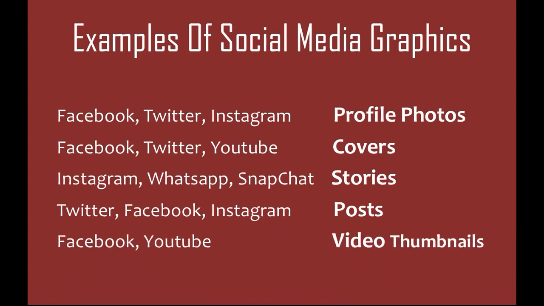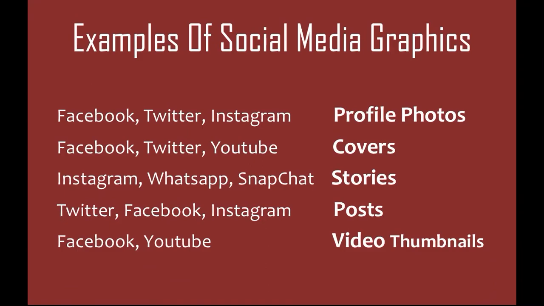Now the last example that we have is Facebook and YouTube video thumbnails. Now what is a video thumbnail? If you go on YouTube right now, just open it up, and you will see, without even clicking on a video, a representation of that video as an image. There will be an image used by a creator which can represent what is inside the video.